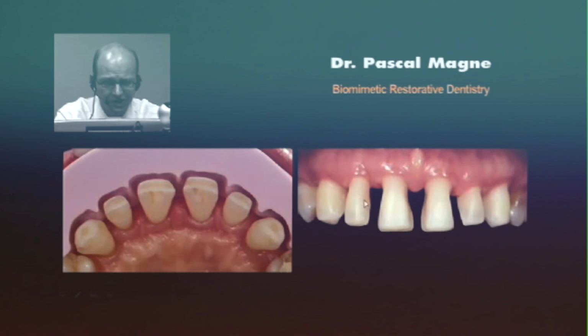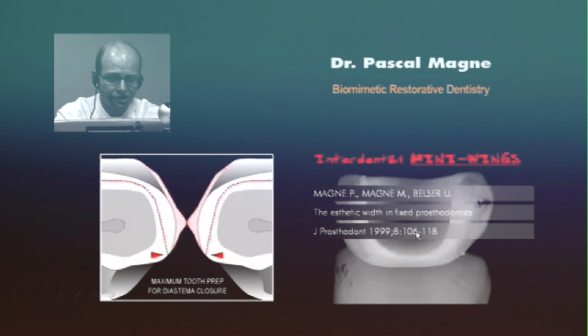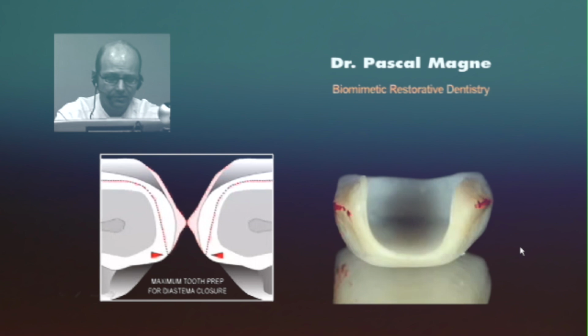My brother Michel made a wonderful job of refractory die technique using feldspathic porcelain layered, and he developed these little interdental mini wings of porcelain using a more opaque, saturated type of porcelain. And you see on this scheme a horizontal cross-section through the proximal space.